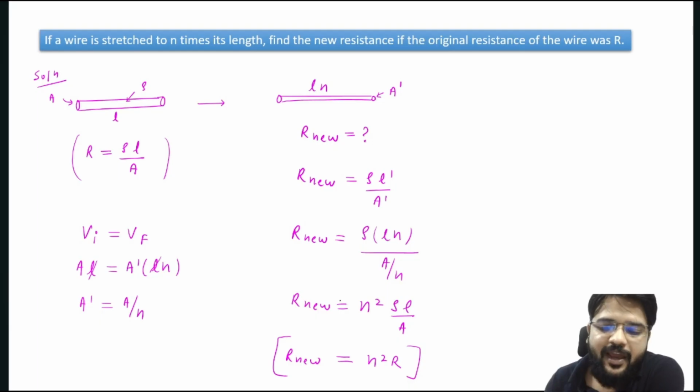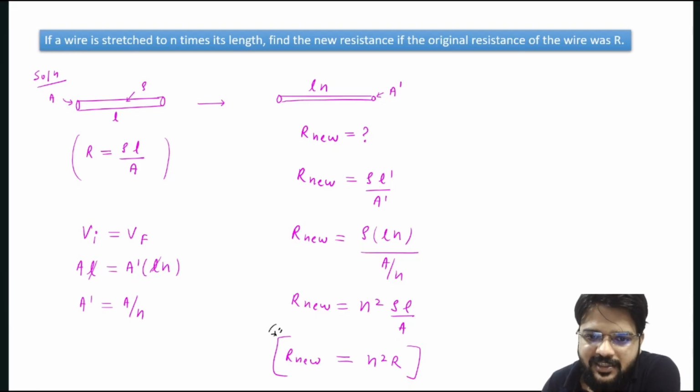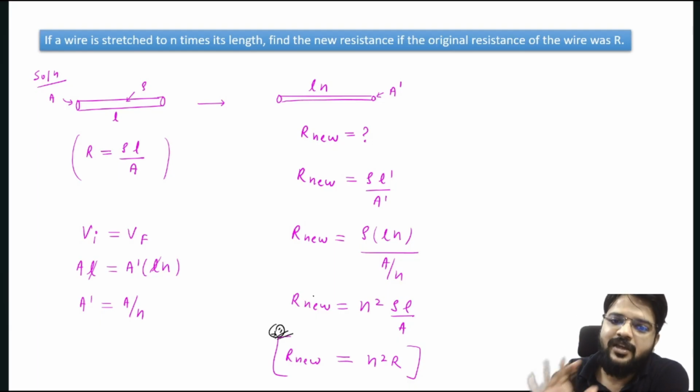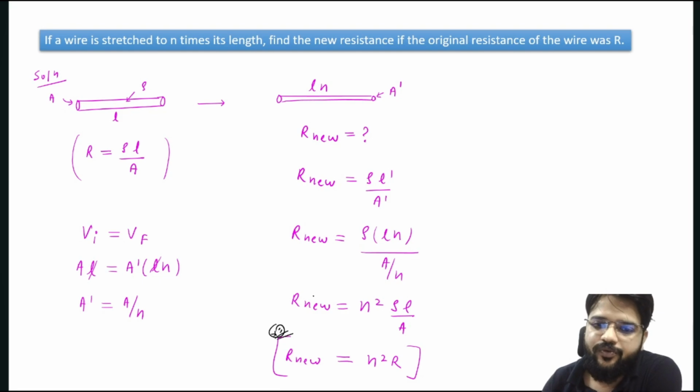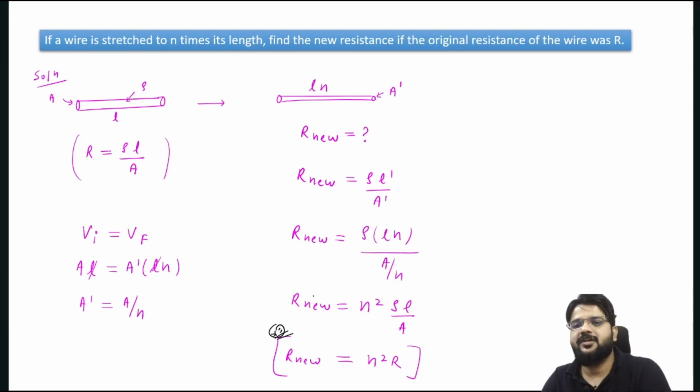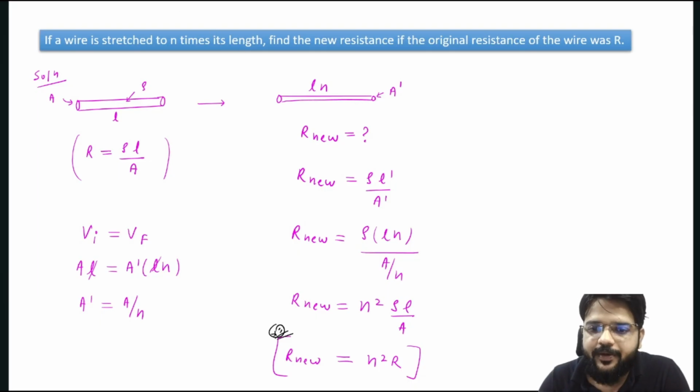So now we have this formula, and this is the answer also for this question, but this answer will behave as a formula, correct? Like if you are stretching 4 times, put n equal to 4, 3 times, then put n equal to 3, 1.5 times stretching, then put n equal to 1.5 and simplify, then you will get the new resistance. So I hope this is clear to everyone, correct? Note down everyone.